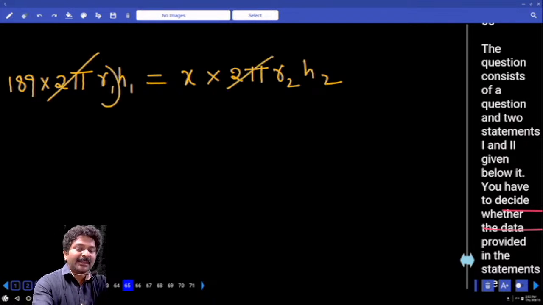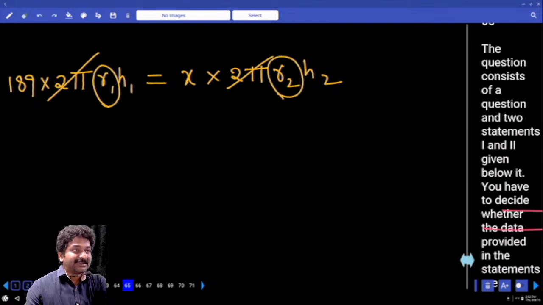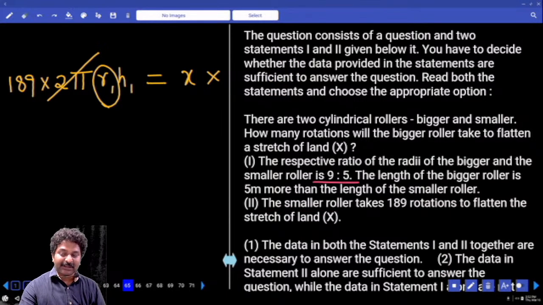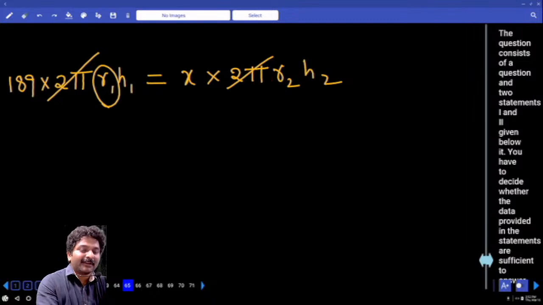Do you have any relation between their radius? Only in the second information. Do you have any information? No. If you use both 1 and 2 statements, what is this 9:5? Ratio of radii. That means R1 R2 comparison is given. So in place of R1, 2 pi already got cancelled here. 189 into R1.